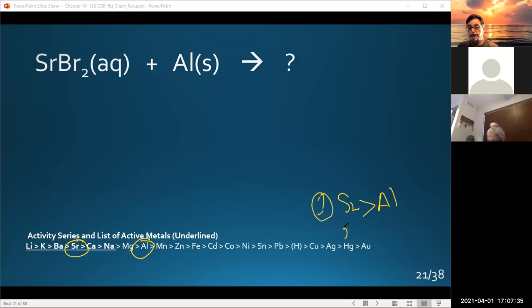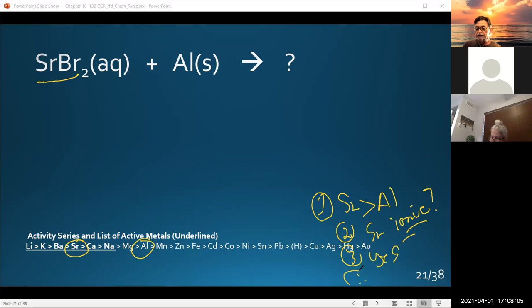All right. Question number 2: is Sr, the most reactive metal, in an ionic compound form? And guess what? Look what that says. Strontium bromide. So the answer is yes, it's already in ionic form.